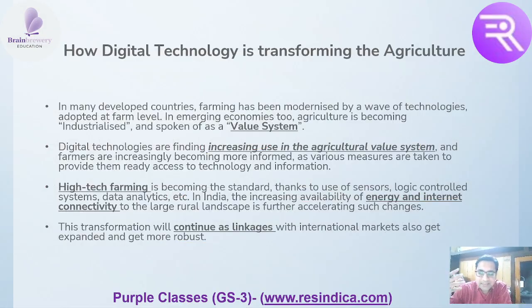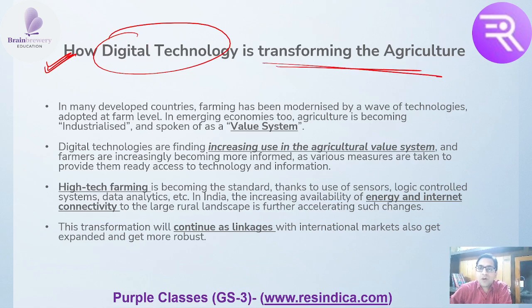Now we will be discussing certain things in a very detailed way, like how digital technologies are transforming the agriculture space. Whenever we say digital technologies are transforming our agriculture area, we mean they are changing the value system.